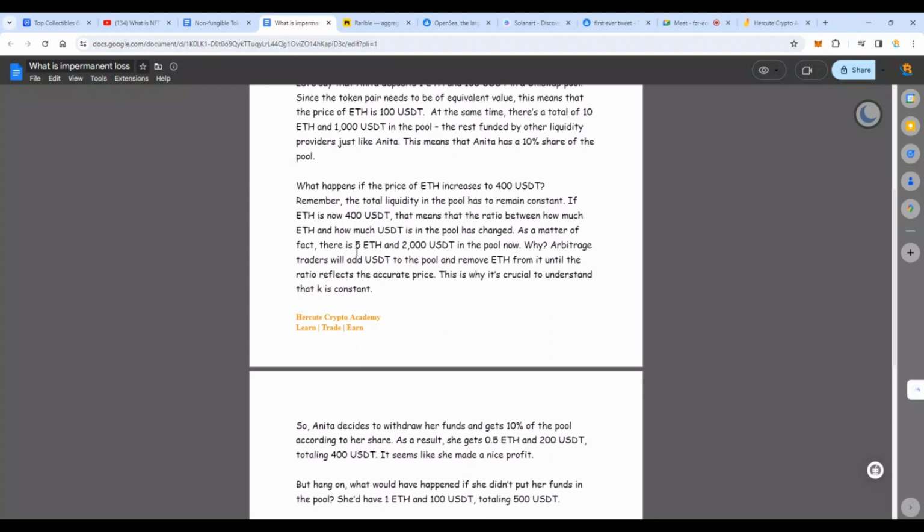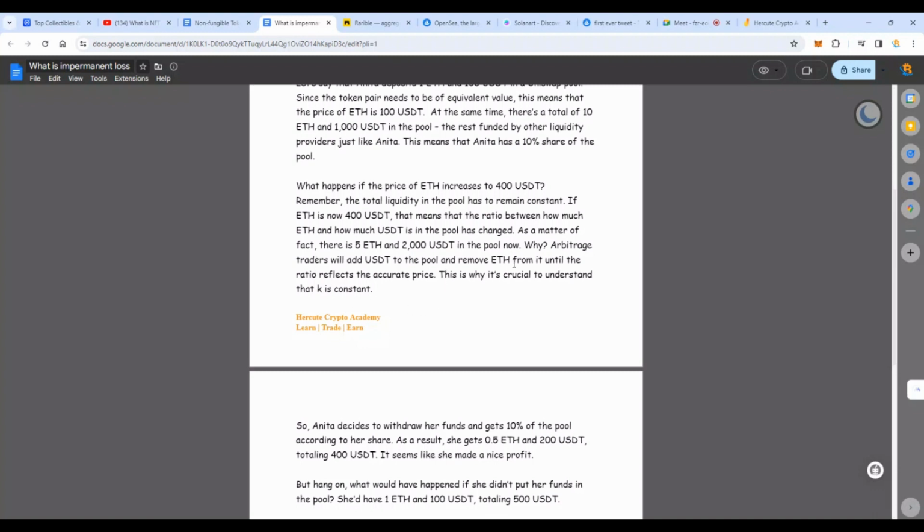If you multiply 5 Ethereum by $400, you get 2,000 USDT, which is equivalent to the value of the USDT we have in the pool. Now, why is this so? Because arbitrage traders, or rather traders, will add USDT to the pool and remove Ethereum from it until the ratio reflects the accurate price.